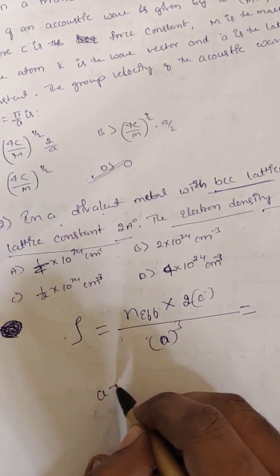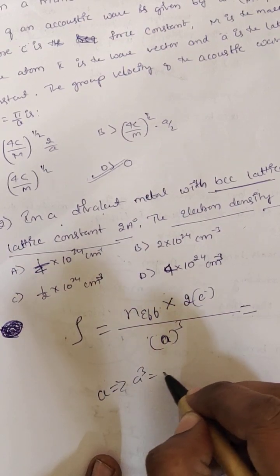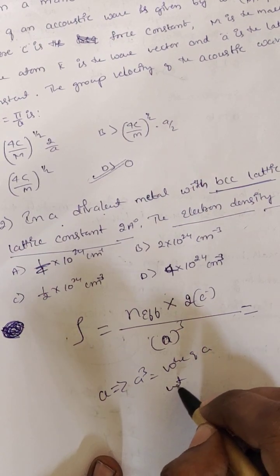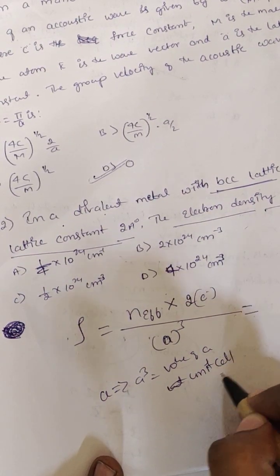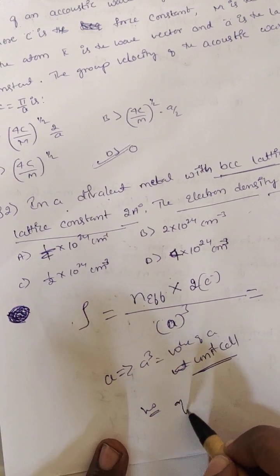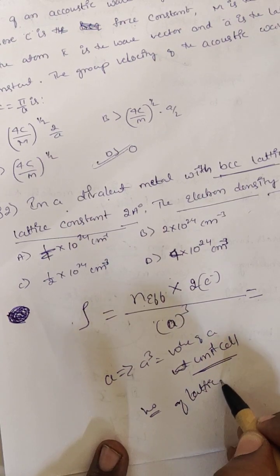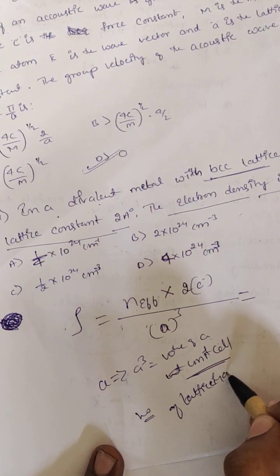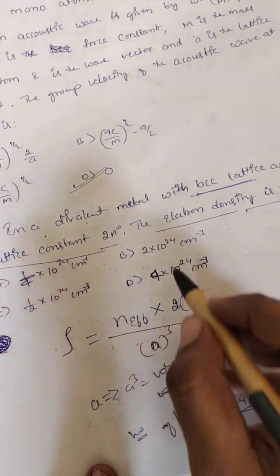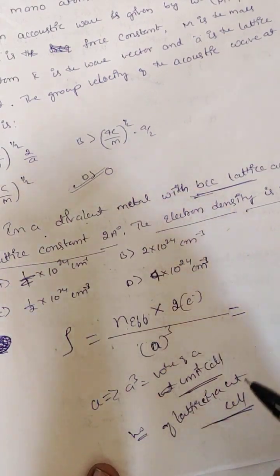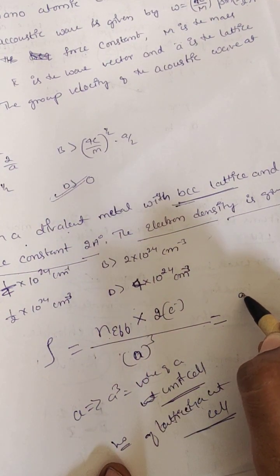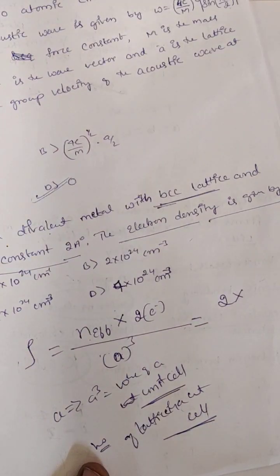A is nothing but the lattice constant, and a cube is nothing but the volume of a unit cell. And n effective is nothing but the number of lattice points in a unit cell. In a BCC structure, we know that the number of lattice points in a unit cell, n effective, is 2.